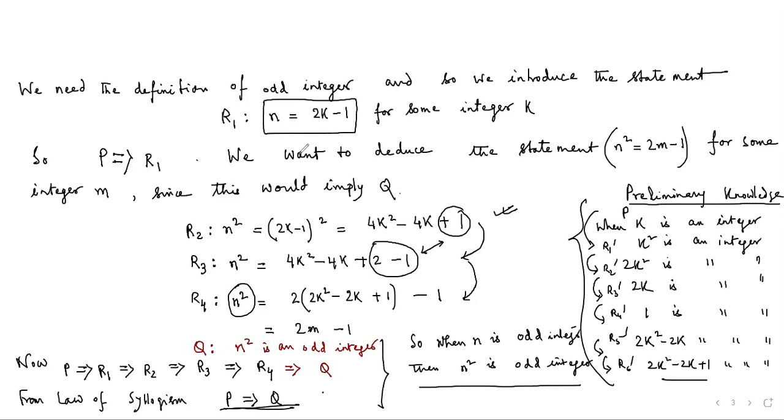Now let us analyze the proof which you have done once again. You started with P, which is an odd integer. In R1, you have written a statement which actually comes from the definition. So it is quite obvious.